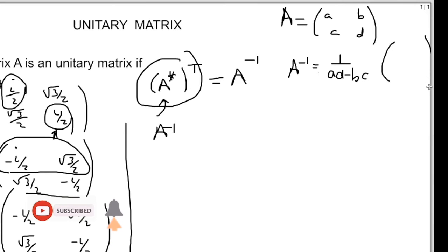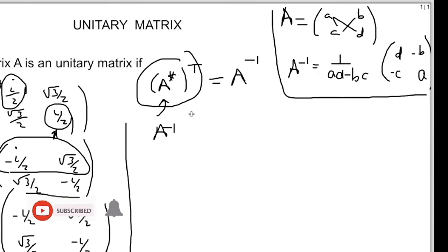Followed by, I will switch these two, so I will have d on the top, a right here. Change the signs of the next two, so I have minus b, minus c. So this is how we find the inverse.